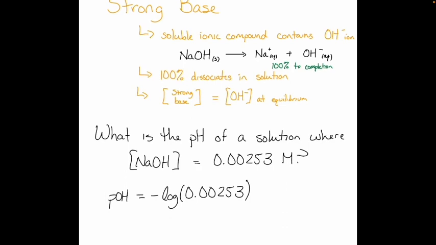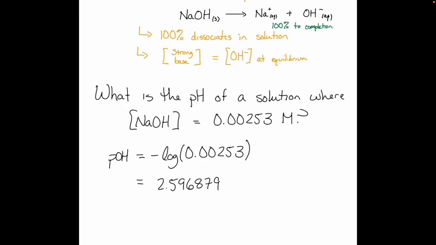All right, so if I punch this into my calculator, 2.59. Okay, that's my pOH. All right, in order to find my pH, I then have to use the fact my auto-ionization relationship tells me pH plus pOH equals 14.